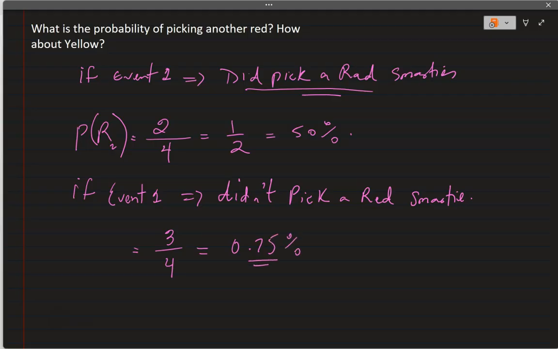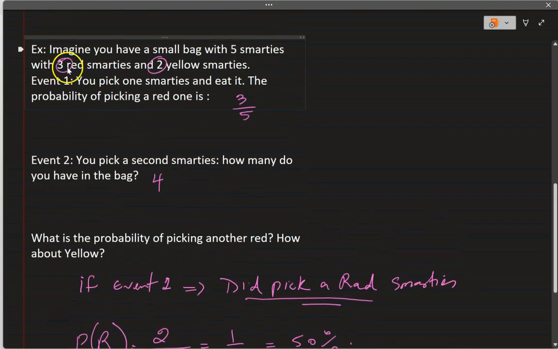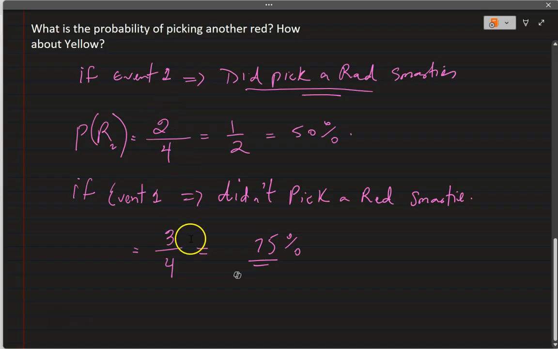That means we didn't reduce the red Smartie number, so 3 stays the same, but we took 1 yellow, because we picked it and ate it. So the total is 4, and out of the 4, 3 are red Smarties. Now the probability is 75%. So there are 2 possible answers based on the first event.